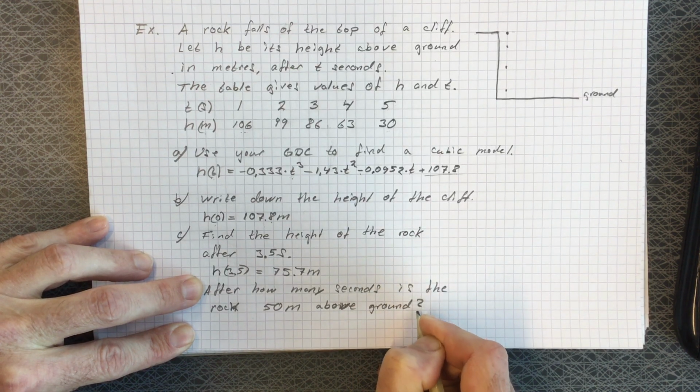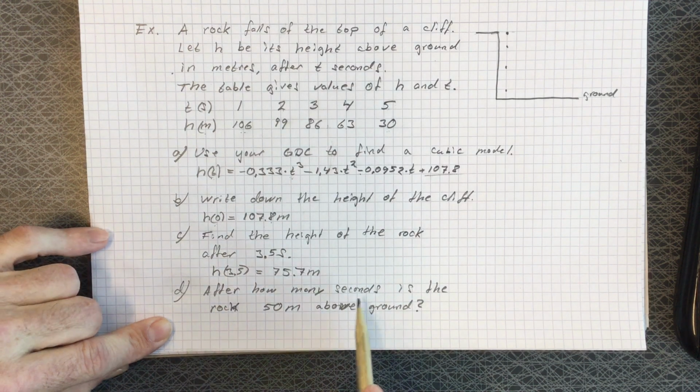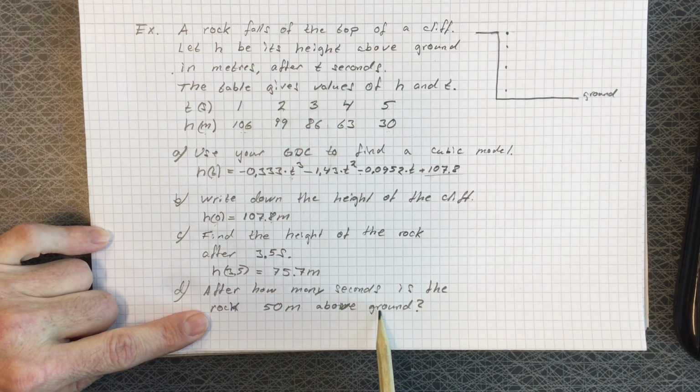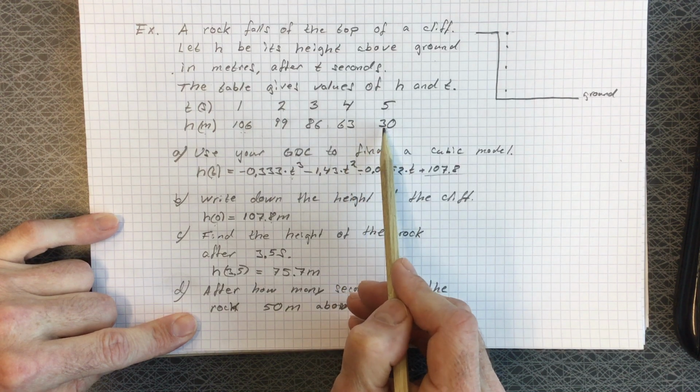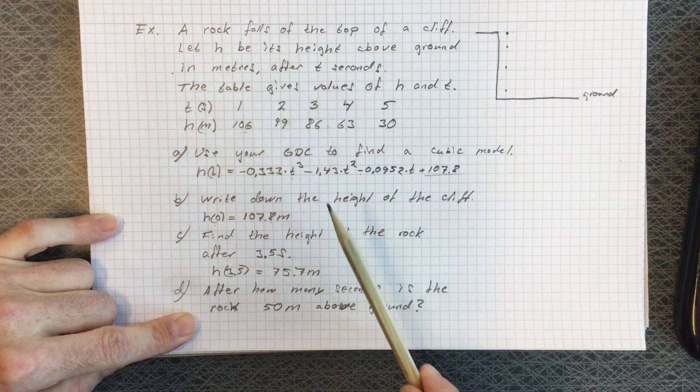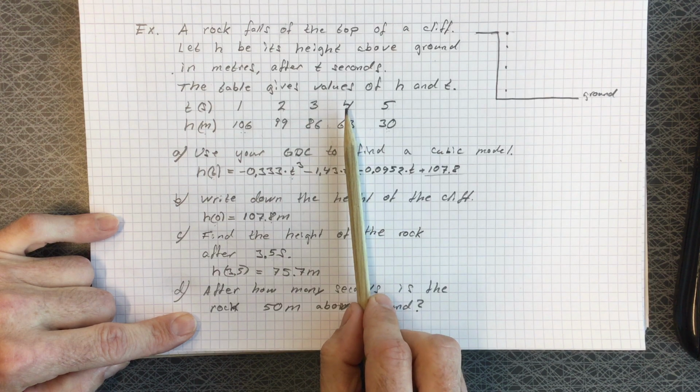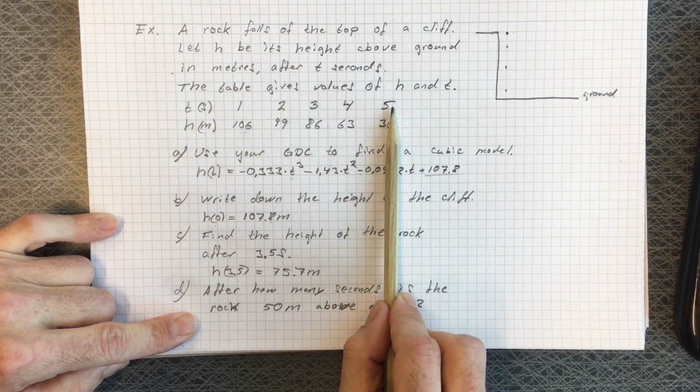After how many seconds is the rock 50 meters above ground? Well, 50 meters is between 30 and 63, so we can say now it's between 4 and 5 seconds.